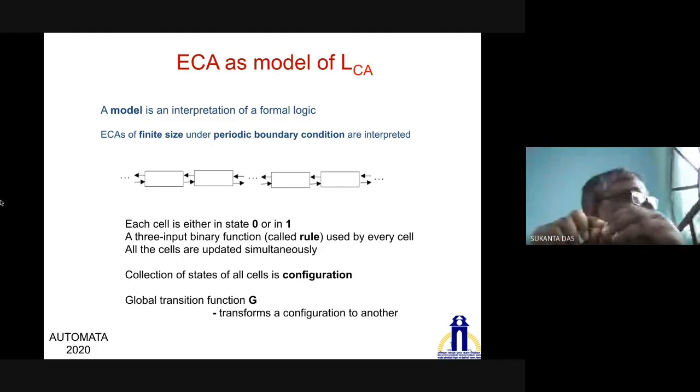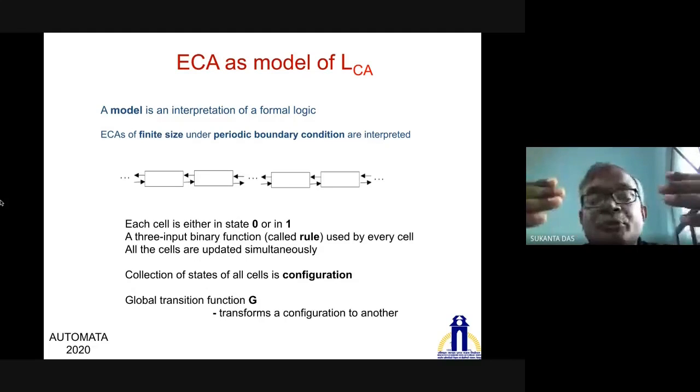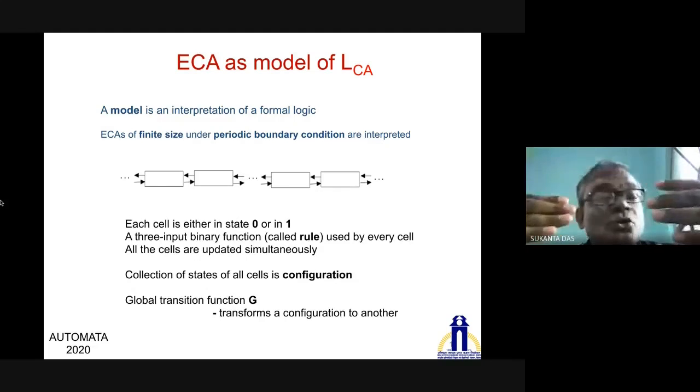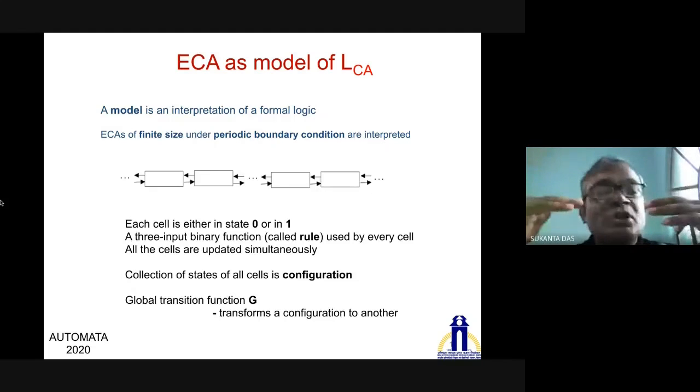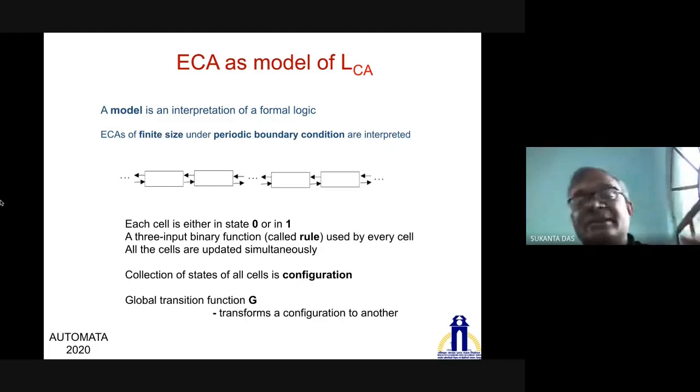A configuration is nothing but a collection of all the states at any given time. So it goes from one configuration to another configuration, to another configuration in this way. There is a function, which we call the global transition function, which transforms a configuration to another. So that is a brief about ECA. We all know it.